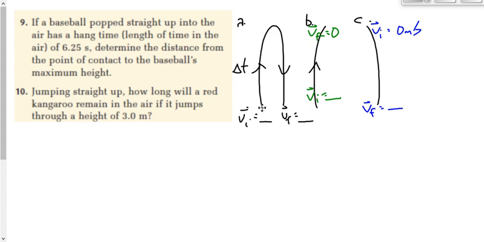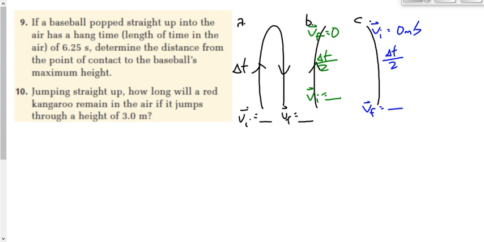In option B, my time would be half of that. The trip up would be half of the time, and the trip down would also be half of the time. Does that make some sense? Now, which one is better to use? It depends on the question.